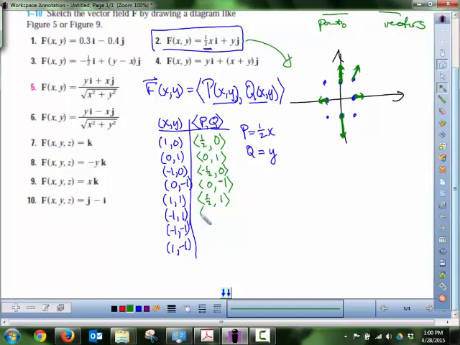And then we could do the rest of them as well. It looks like I get a negative 1/2, a positive 1, negative 1/2, negative 1, positive 1/2, negative 1. So I'll have 4 more vectors. They go out like that. Okay?